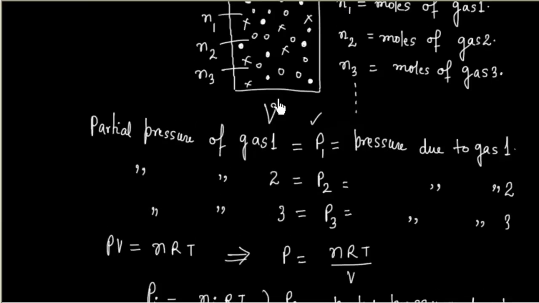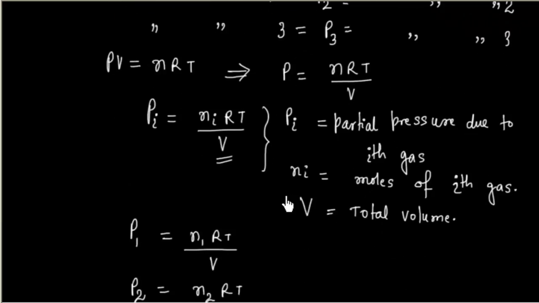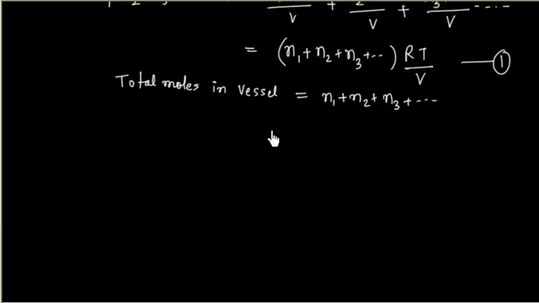Now in this gaseous system, I can also apply PV is equal to nRT as a whole. So what is the total number of moles in this system? Total moles in the vessel is nothing but N1 plus N2 plus N3, and this goes on, and we can apply PV is equal to nRT in the gaseous vessel as a whole.